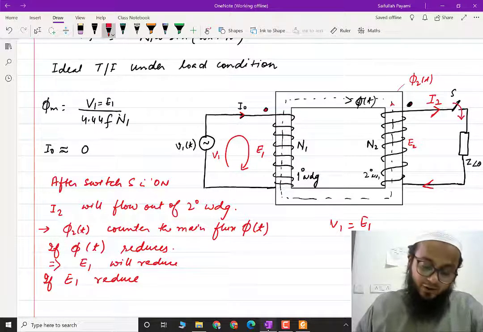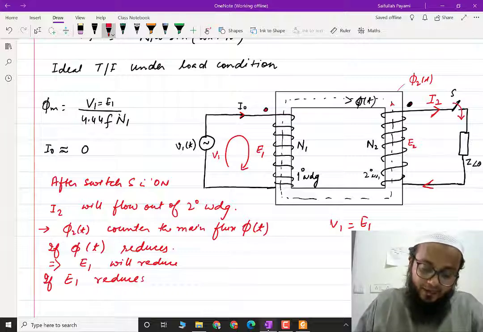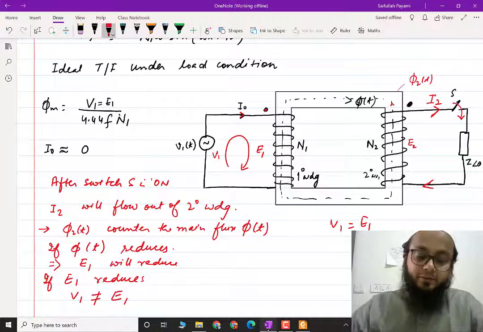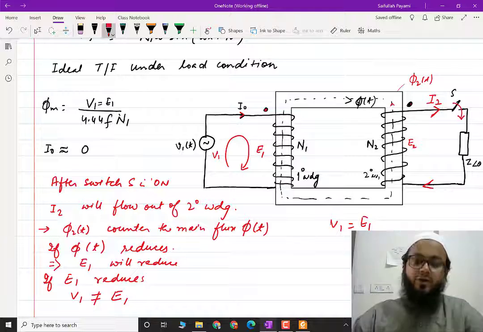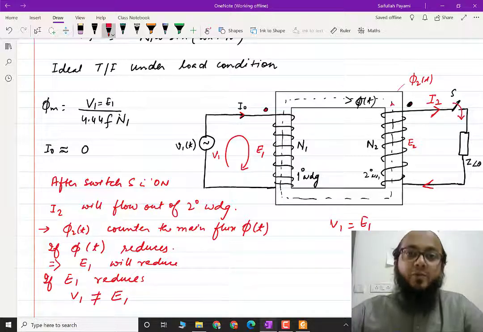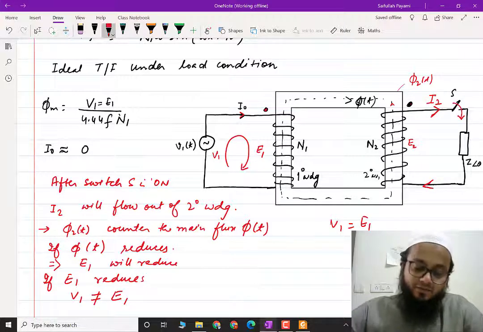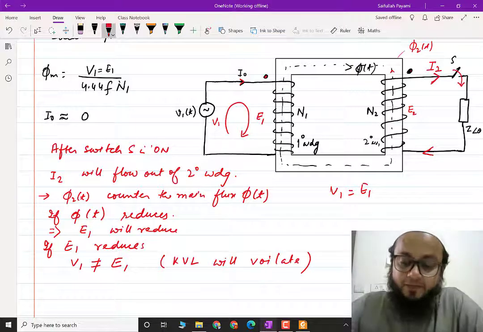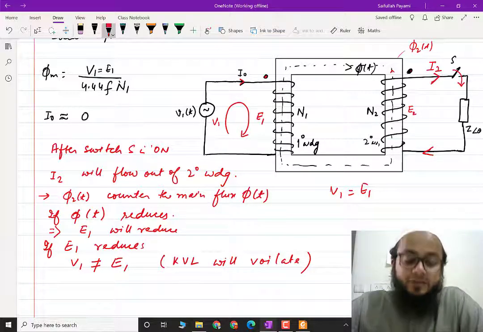If E1 reduces, that means V1 is not equal to E1, because the source voltage cannot be reduced by the transformer. So Kirchhoff's voltage law, KVL, will be violated, which is not possible.